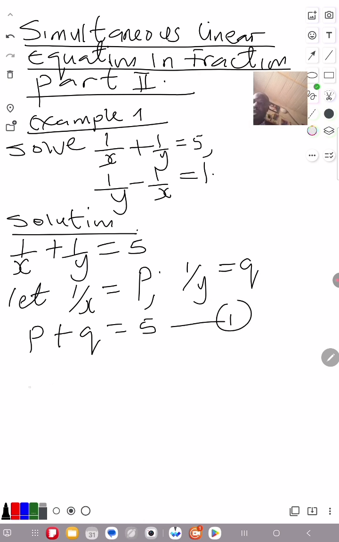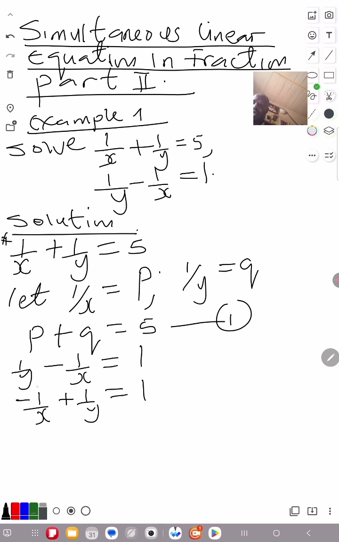So let's go to the second one. 1 over y minus 1 over x is equals to 1. The first thing I need to do is rearrange this one so that it will be uniform, just like the one that is here. So I can write it as minus 1 over x plus 1 over y is equals to 1.